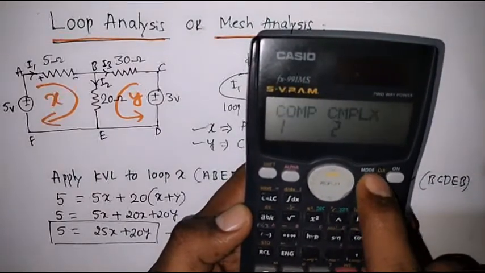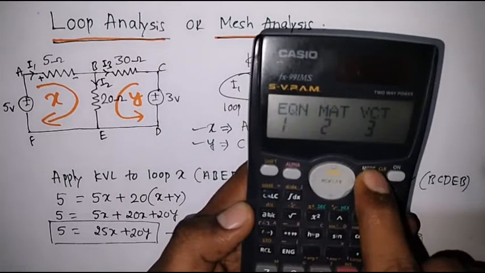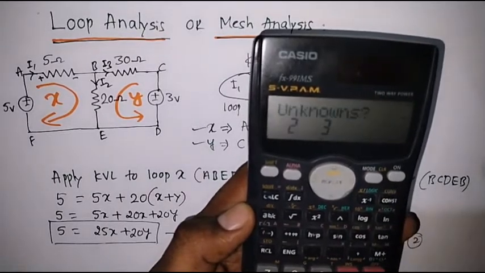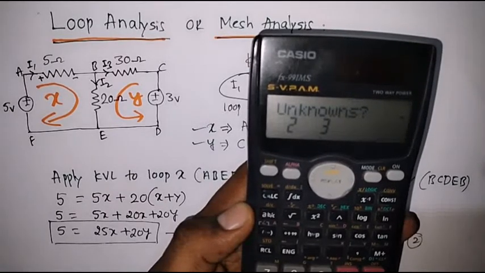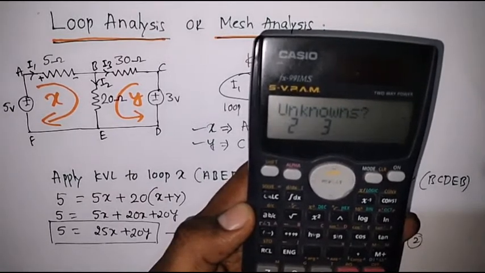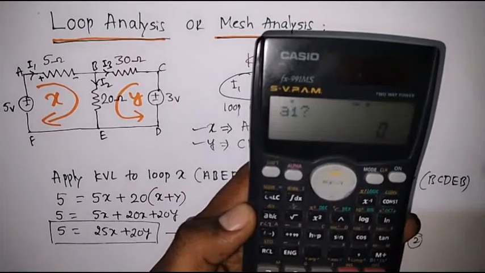Press on mode. There is an equation option, select this. It is asking for unknowns. In my example there are two unknowns, that is X and Y. Choose two. Now it is asking the coefficient of the first unknown variable, that is X.